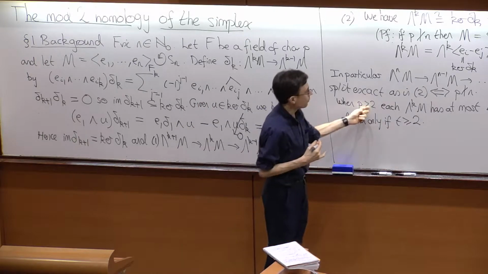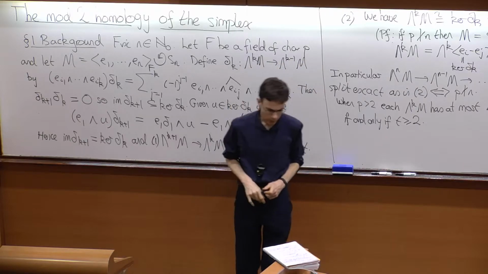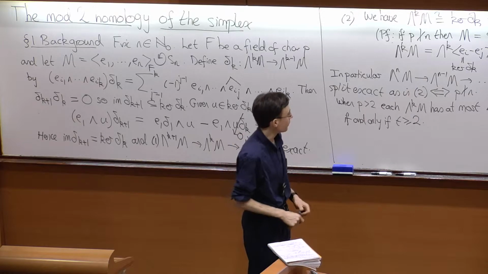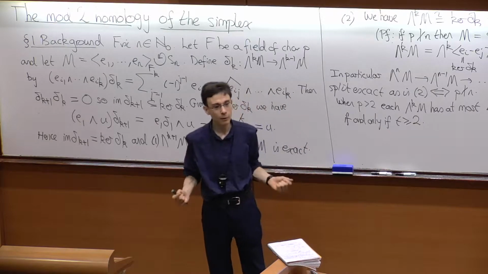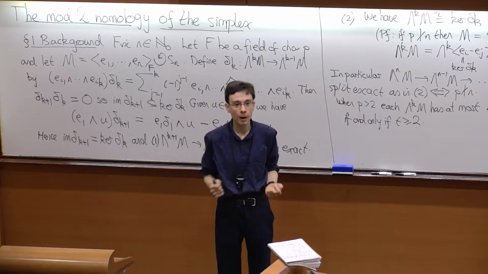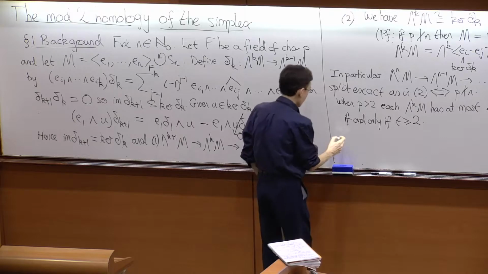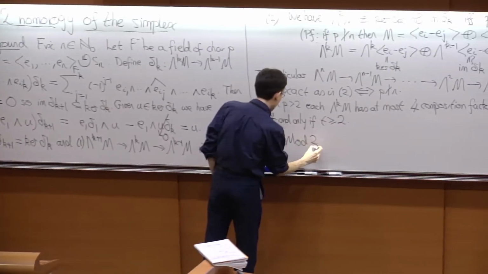But when P is 2, things are completely different. And I'd like to tell you the story of what the mod 2 homology looks like when you allow yourself to go down by multiple degrees. So section 2, mod 2.